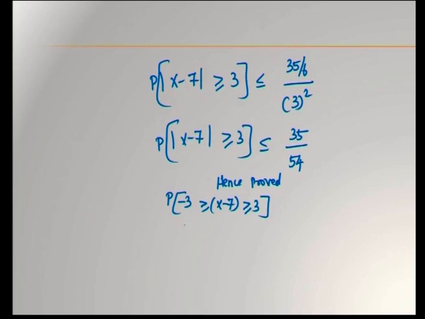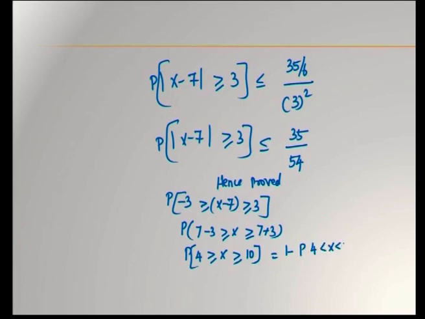Adding 7 throughout, P of 7 minus 3 greater than or equal to x greater than or equal to 7 plus 3, that is P of 4 greater than or equal to x greater than or equal to 10. This is 1 minus P of 4 less than x less than 10.